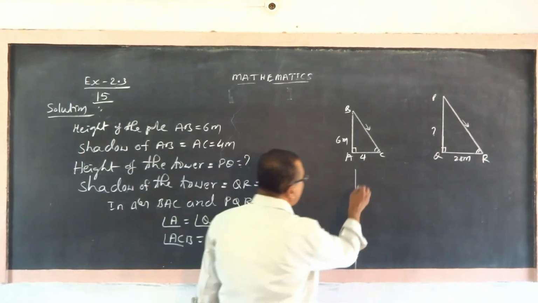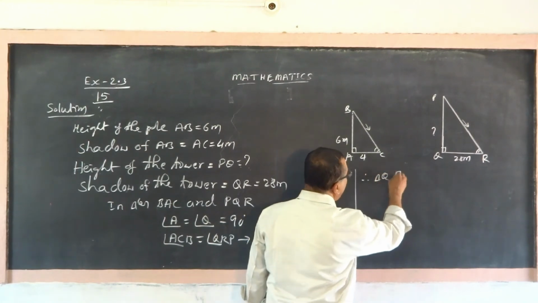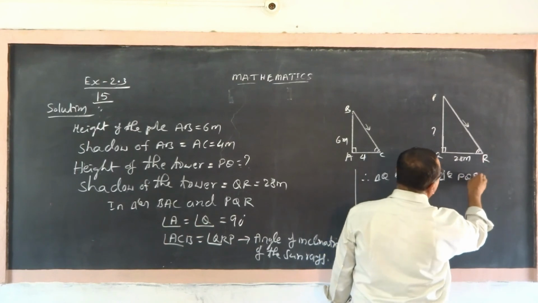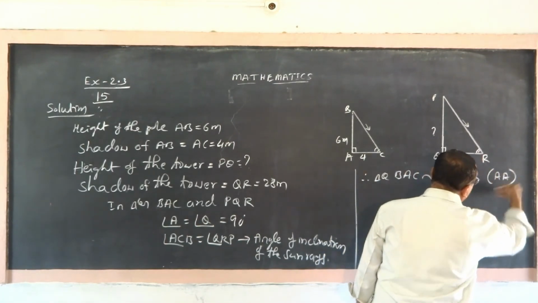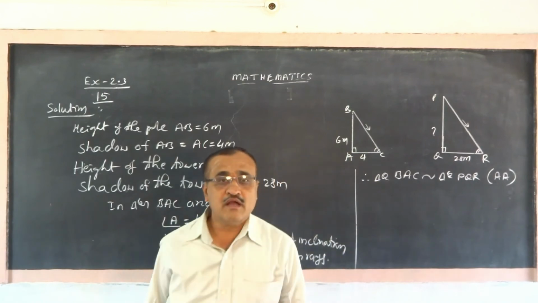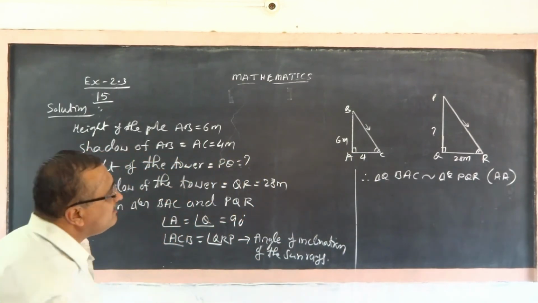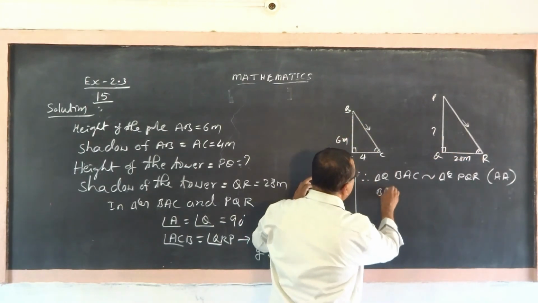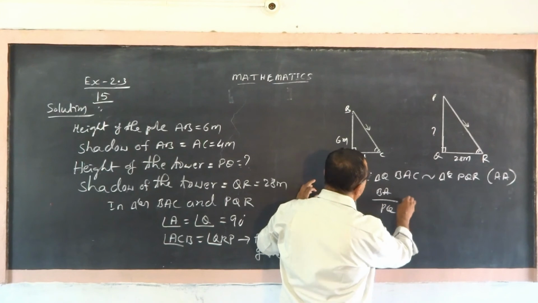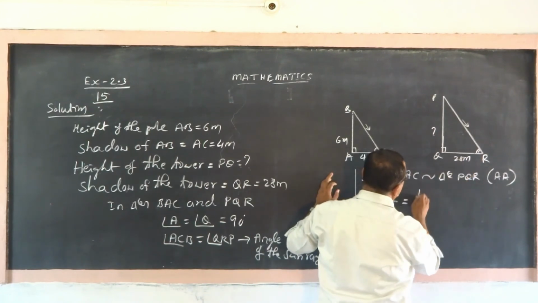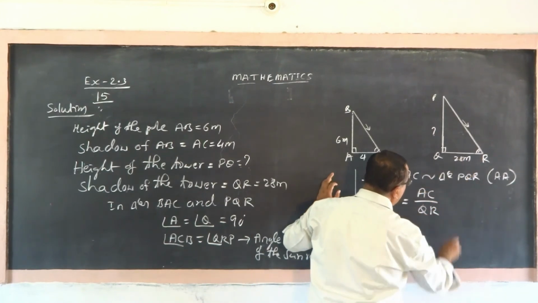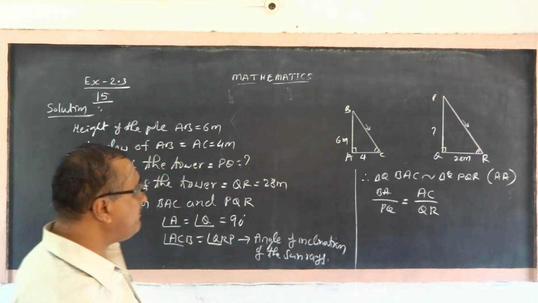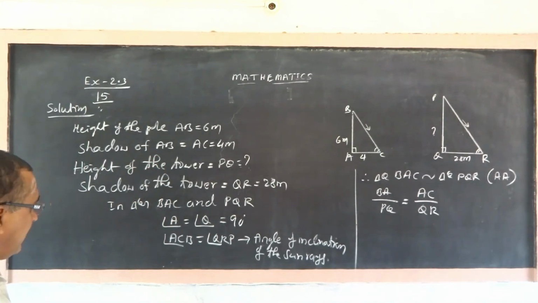So triangle BAC is similar to triangle PQR according to the AA criterion theorem. Leave BC aside, and you will take BA by PQ is equal to AC by QR. If two triangles are equiangular or similar, then the sides are proportional according to the AAA criterion theorem.